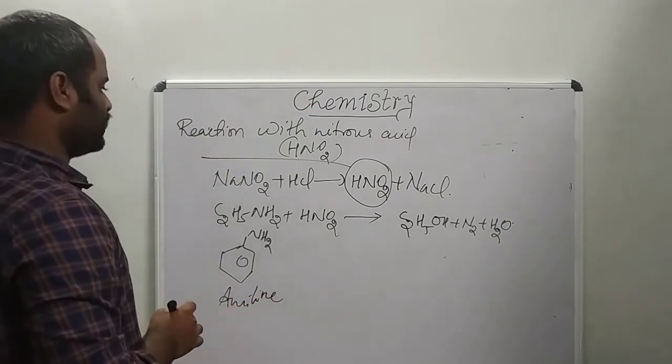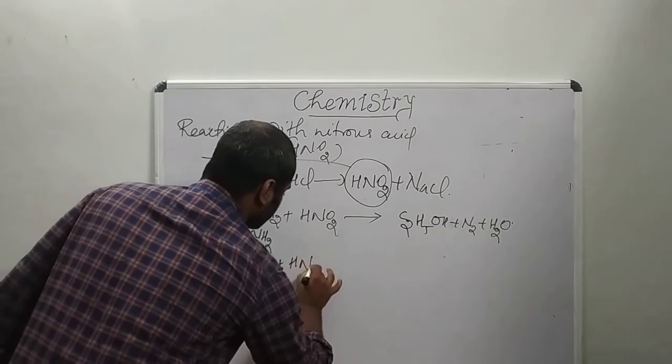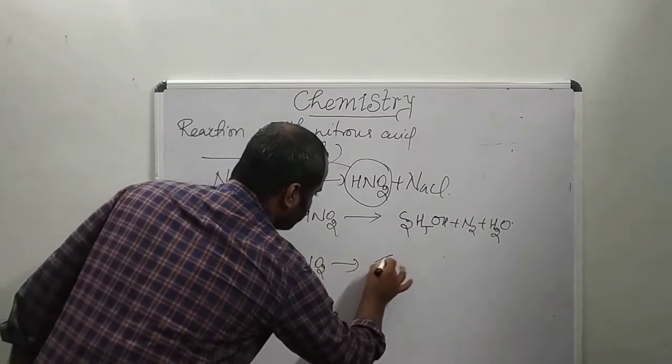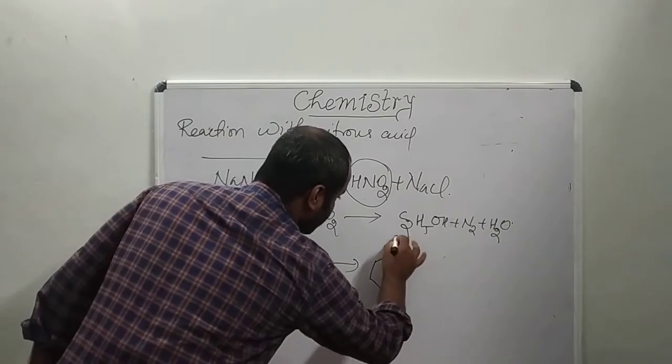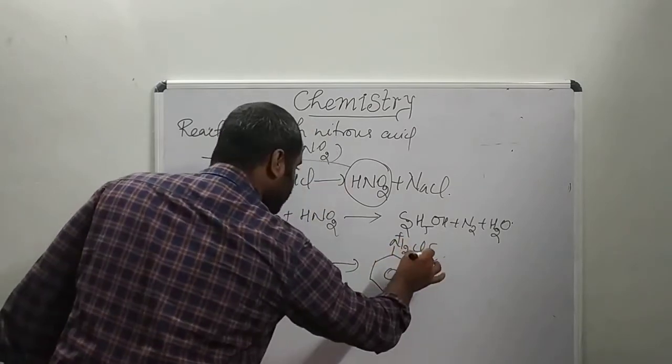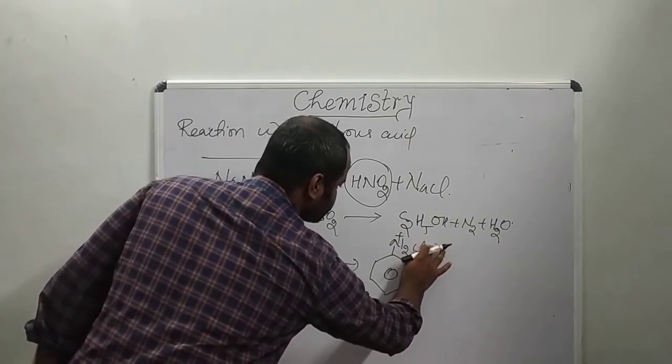Aniline on reaction with nitrous acid, HNO2, you get benzene diazonium chloride, N2+Cl-.